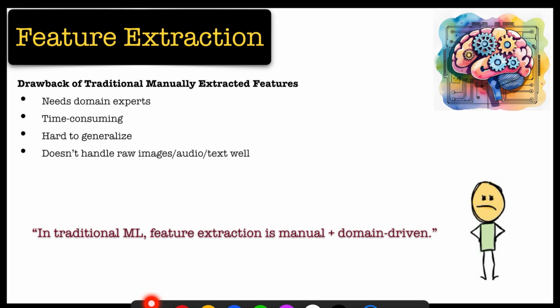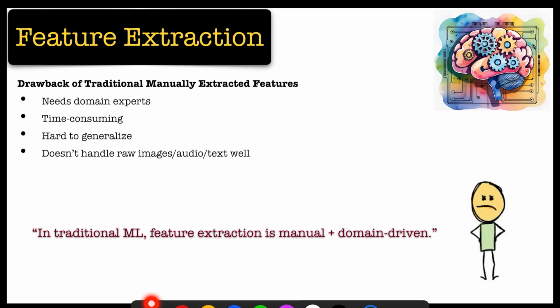Now, the drawbacks of traditional manually extracted features. As we already discussed, we need domain experts to extract the features, and this is the main drawback. We need domain experts and it is very time consuming. Also, it is hard to generalize.